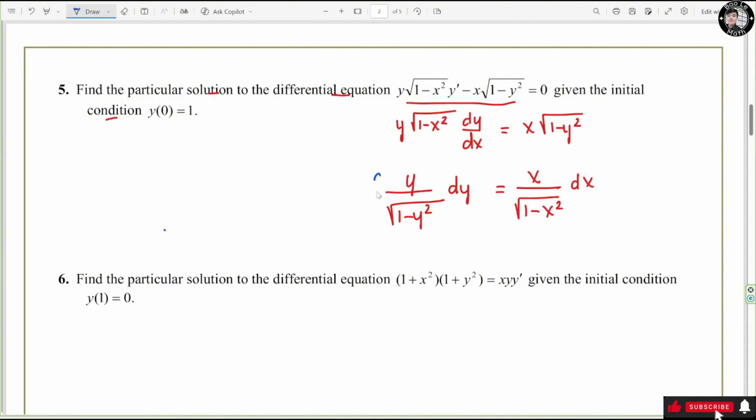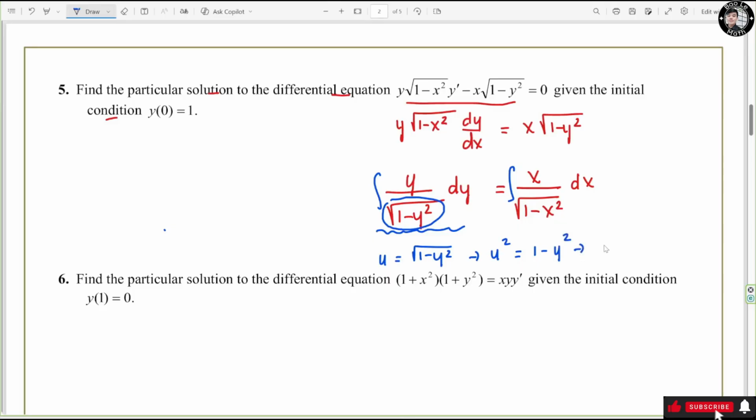Now I'm going to integrate both sides. In order to integrate this one, I'm going to use u substitution. So I'm going to let u be the bottom right here. Both sides have the same manner, so I just do the left hand side and I'll have the same thing on the right hand side. So I let u be square root of 1 minus y squared, and then u squared equals 1 minus y squared.